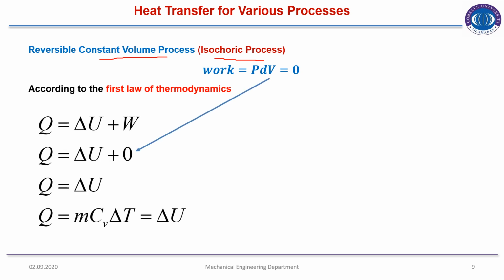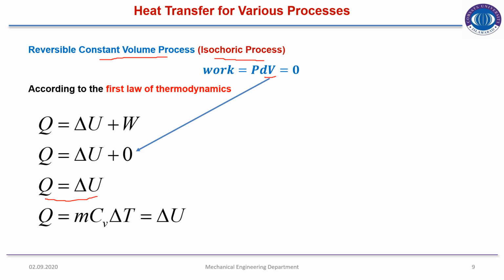According to the first law of thermodynamics, Q is equal to del U plus W. As for a constant volume process, dV is equal to 0, so the value for work is also 0. So heat transfer for a constant volume process is equal to the change in internal energy.